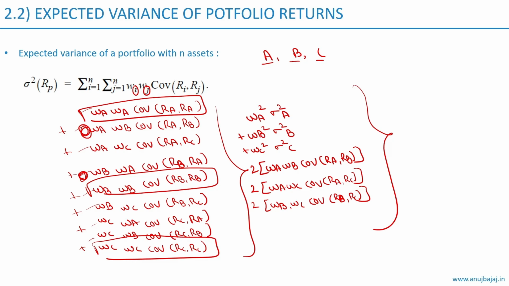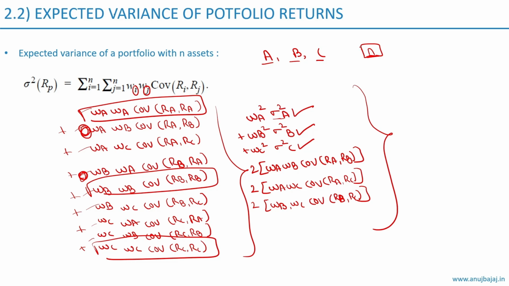So there are a few observations that we can derive from this: if a portfolio has n assets, then it will have n variance terms. For example, when we had 2 assets in our portfolio, we had 2 variance terms. And now when we have 3 assets, we have 3 variance terms.